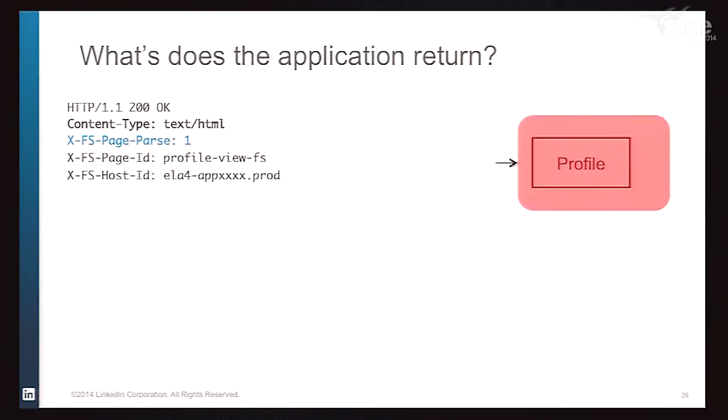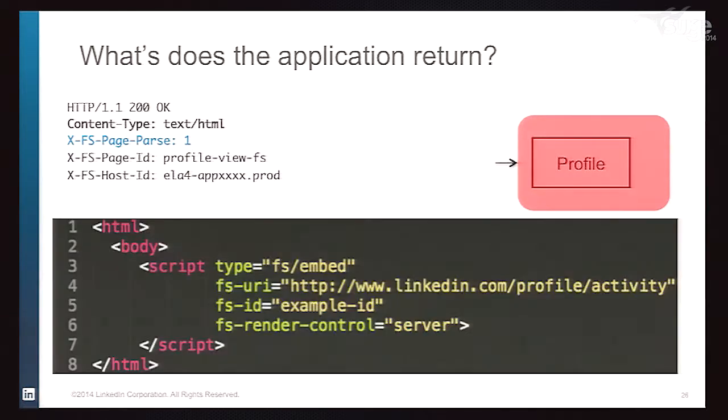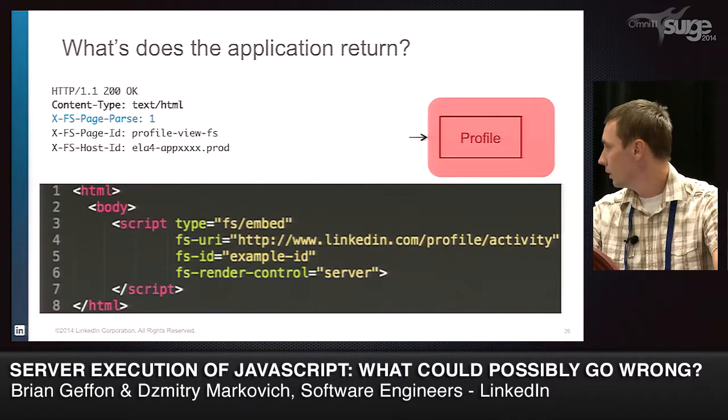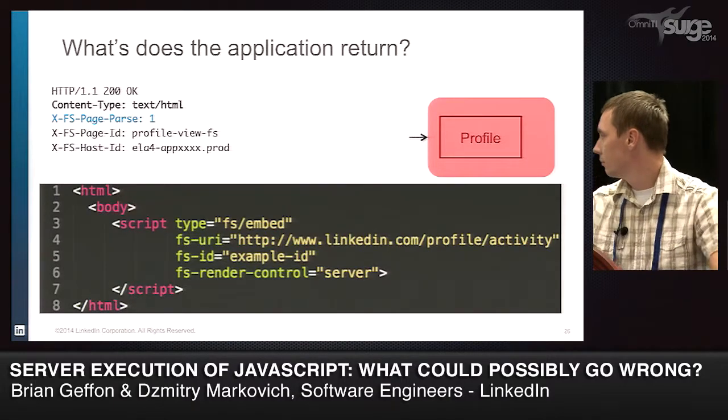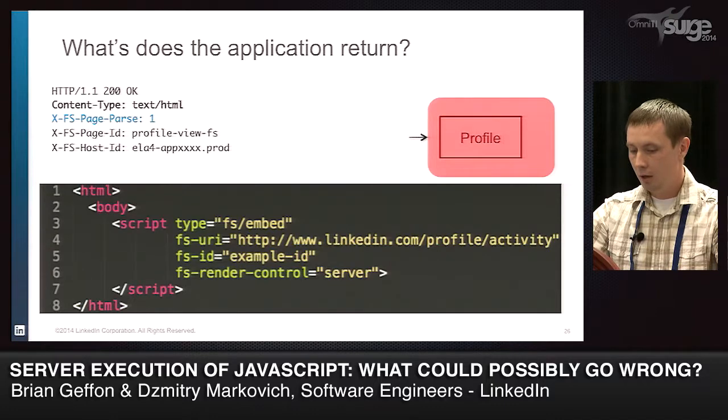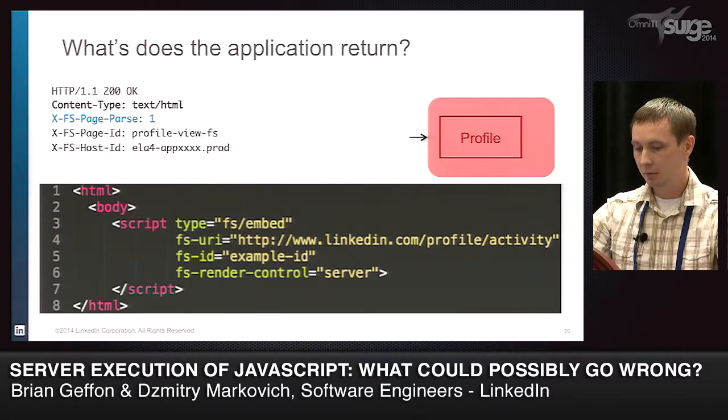We didn't change that much, but we introduced one additional step. So now the application can pick whether it wants its data to run on the server side or on the client side. So we introduced a small key, like fs render control in this example. So at this point, the application, let's say, advertises in our system that it wants to run itself on the server side.